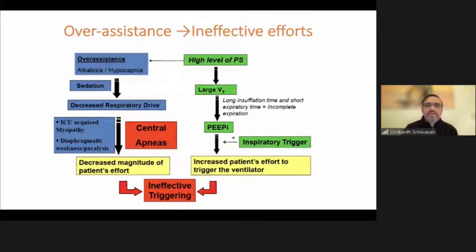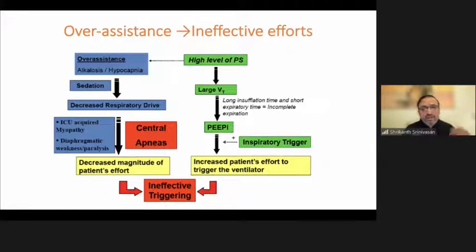Both insufficient flow and excessive flow are equally harmful, right? So this is something which I also want to put into perspective for people, that just blindly increasing the pressure support doesn't really help most of the time, because a very high level of pressure support leads first of all to over assistance, alkalosis, hypocapnia, and on top of that, if we sedate, there's a reduced respiratory drive. Excessive flattening of the diaphragm occurs.